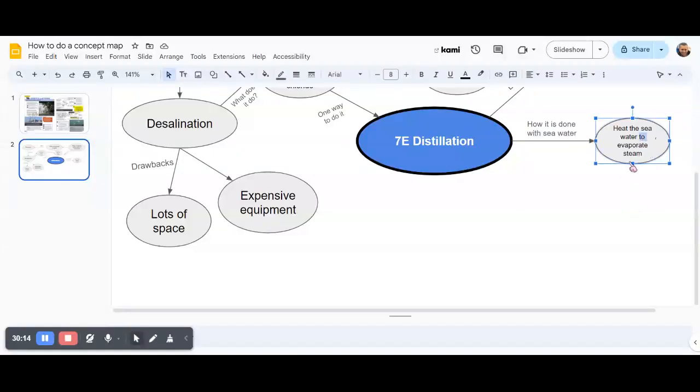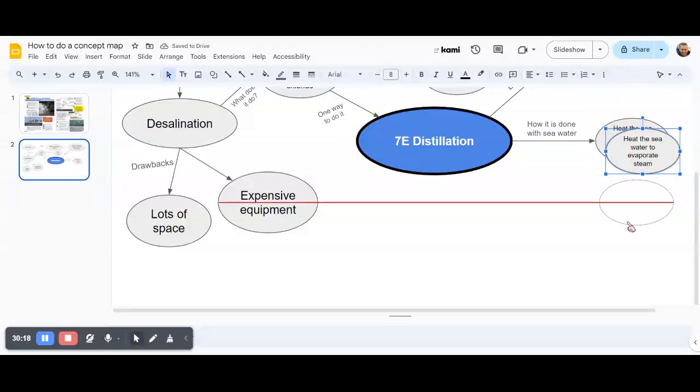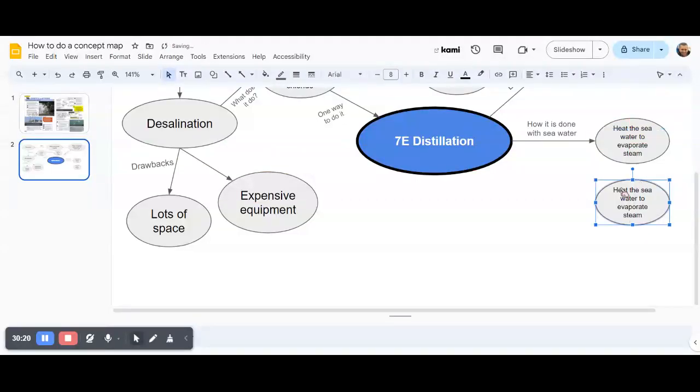Okay, so in actual fact, that sounds as if it's actually another idea. So heat the seawater, right? Okay, and then I can say water evaporates to form steam.